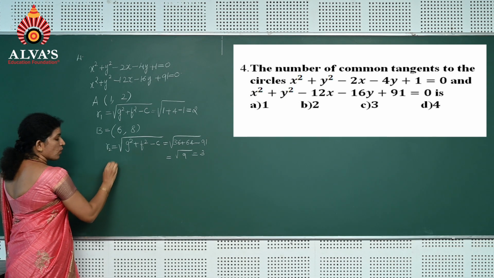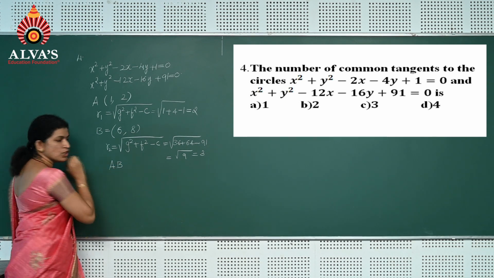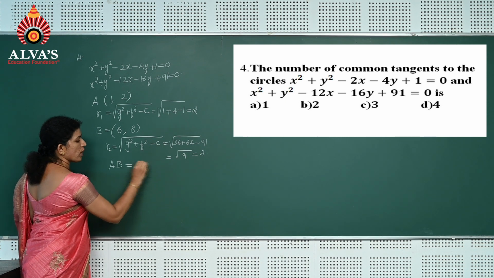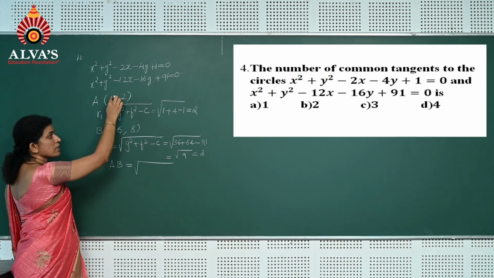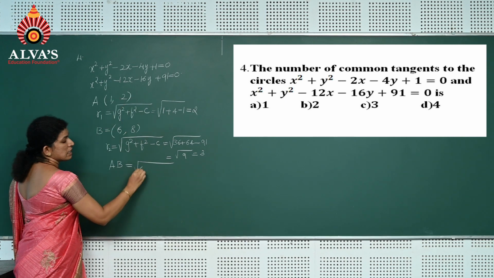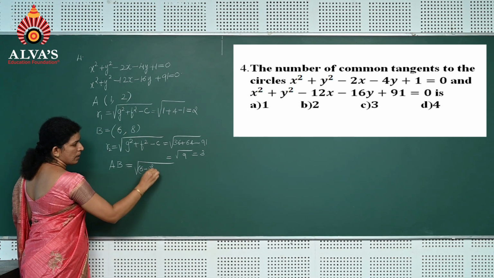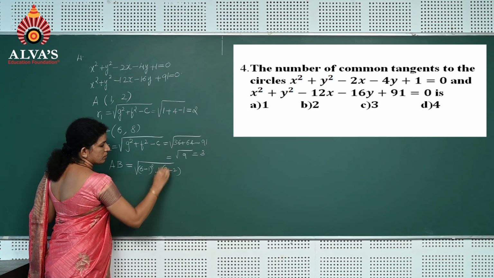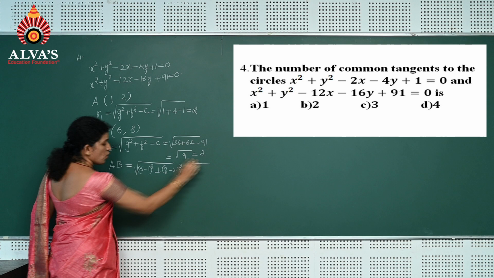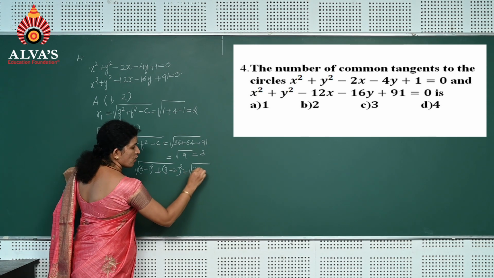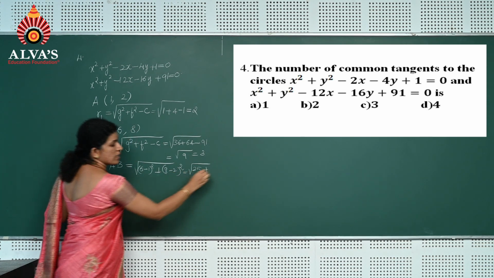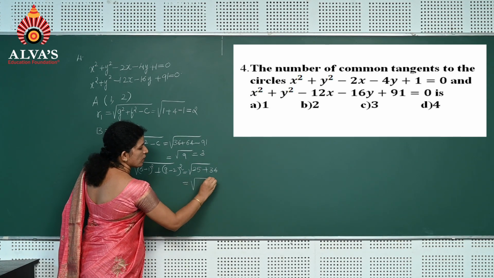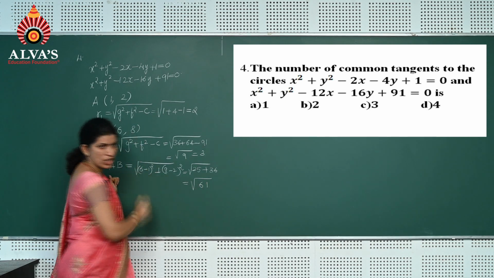Now calculate the distance between the centers of the two circles, that is AB. It is nothing but the square root of (x2 - x1)², that means (6 - 1)² + (8 - 2)², that is 5² which is 25, plus 8 - 2 is 6, 6² is 36. Simplify this one, you will get it as 61.